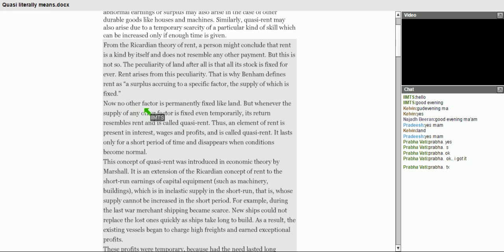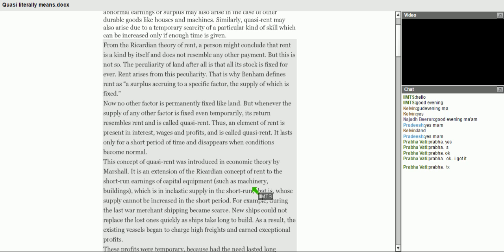Now no other factor is permanently fixed like land, but whenever the supply of any other factor is fixed, even temporarily, its return resembles rent and is called quasi-rent. Sometimes, due to certain reasons, the supply of other factors also becomes fixed, and what we pay to them at that point of time will be treated as quasi-rent.